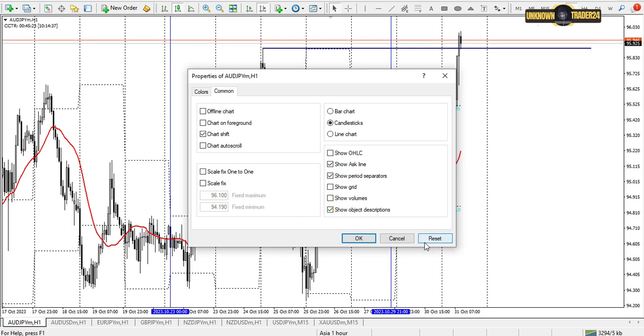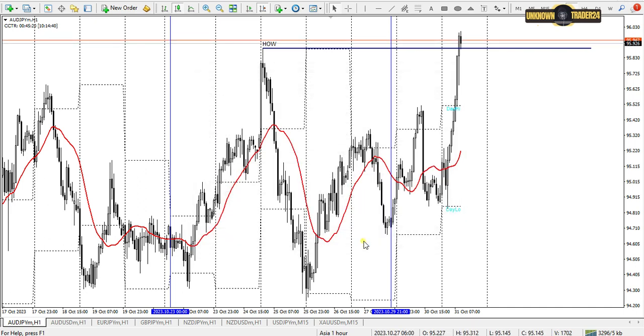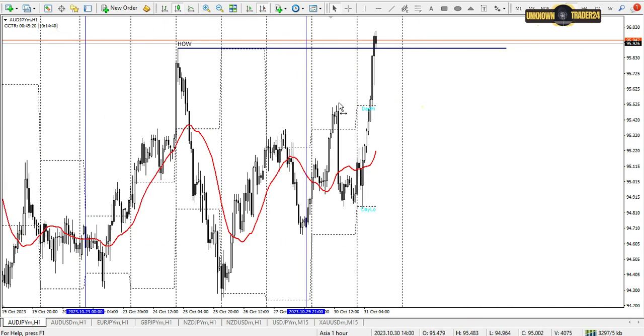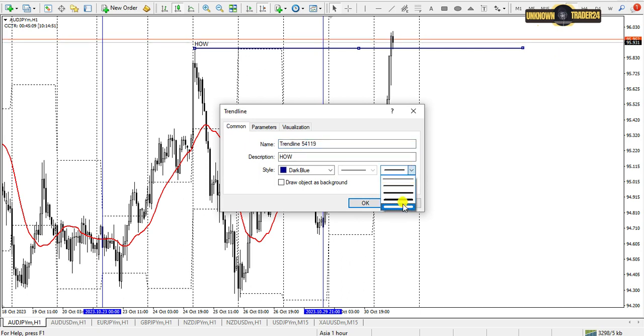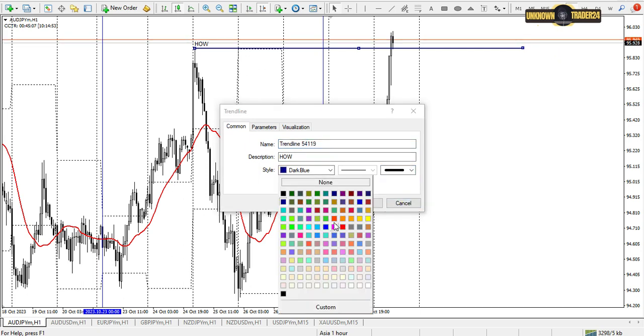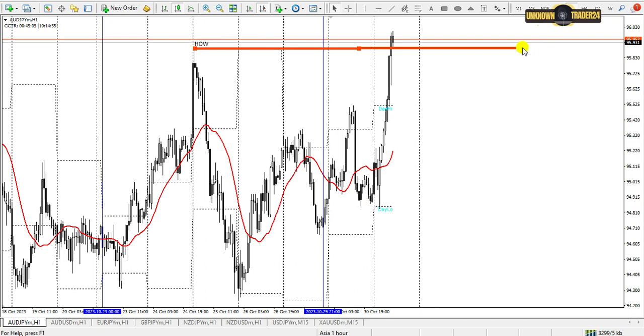I'm gonna click on show object description, and then say okay. You see here we have high of the week. Usually I prefer having this thick line, and I just want to make it red.